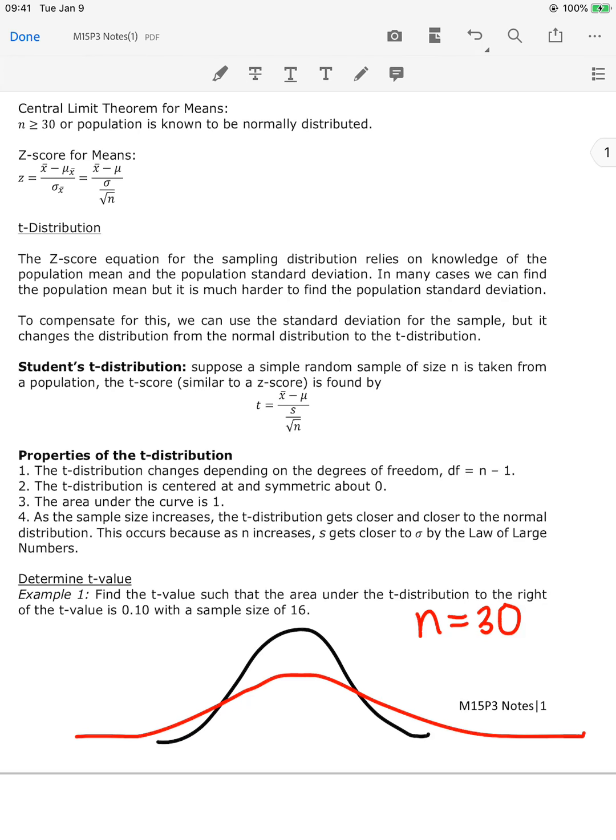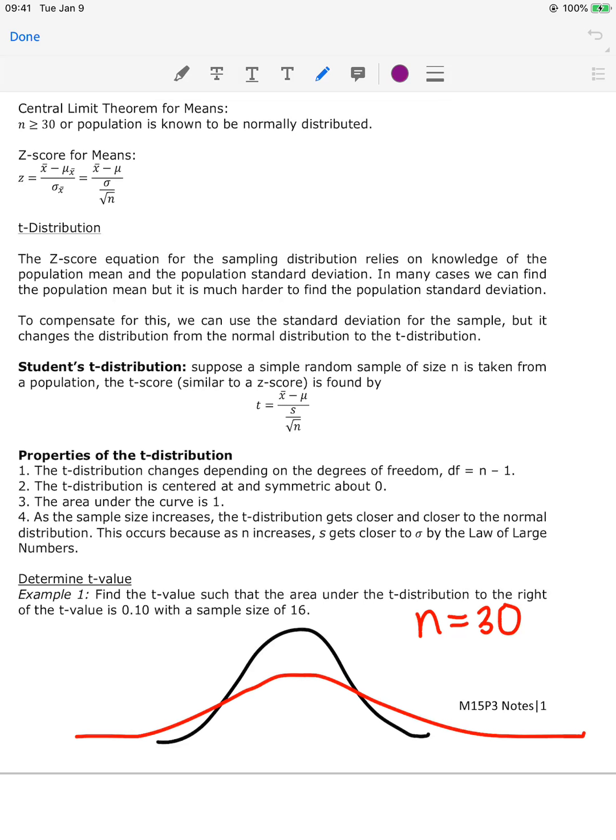With this distribution, the mean is still in the middle, but now it's a lot more squished and a lot more spread out. So there's a lot more area in the tails on the outsides, and there's a lot more variation from sample to sample.